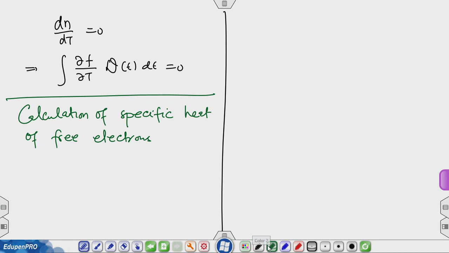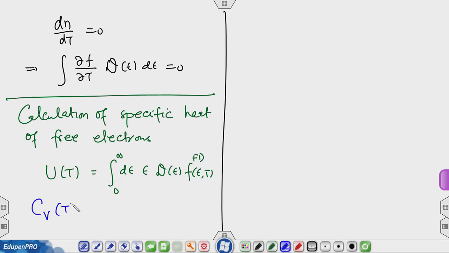Now, as I said earlier, the energy U(T), which is the notation that Kittel uses, is equal to the integral from 0 to infinity of dE times E g(E) f(E, T). Therefore the specific heat Cv(T), since the only temperature dependent quantity in the integrand is f, is going to be the integral from 0 to infinity dE E g(E) df/dt.